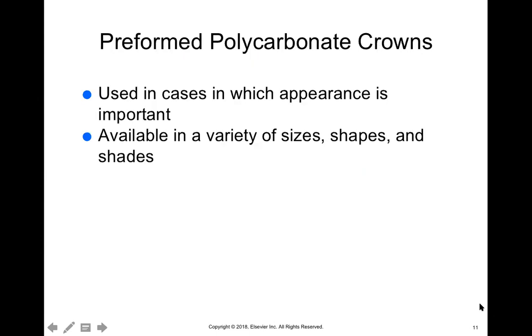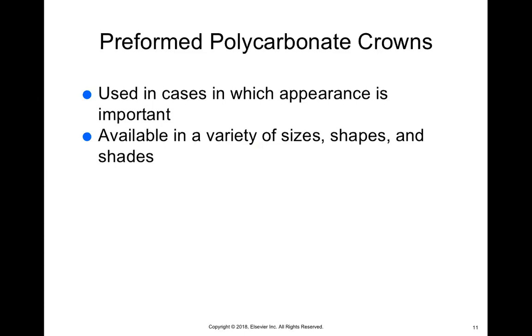Okay, so then we have preformed polycarbonate crowns. These are used in cases where it's more important for how the patient looks because it comes in more sizes and shapes. You have the option of picking whether you want a big crown or a small crown, or you want it to be contoured a little bit more. It's not just about find a central incisor, find a lateral incisor.